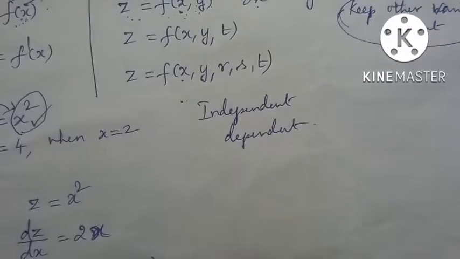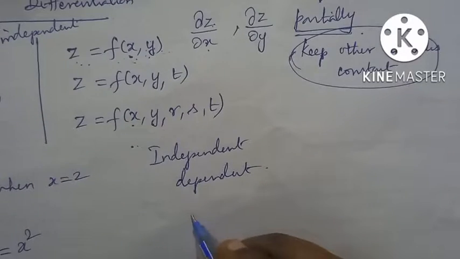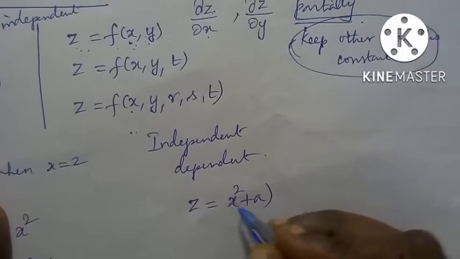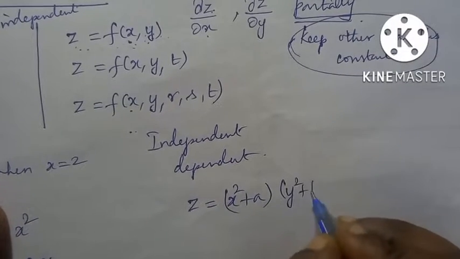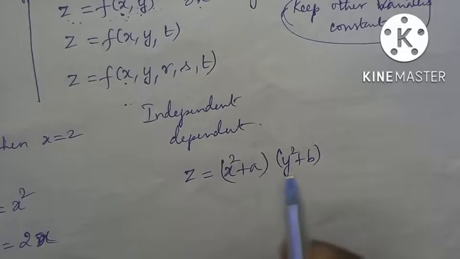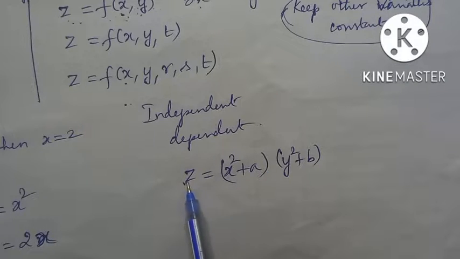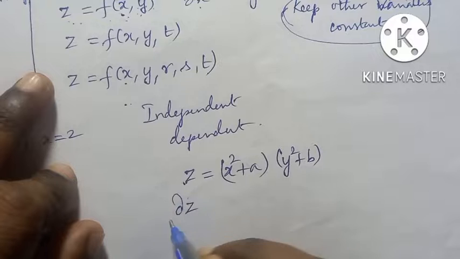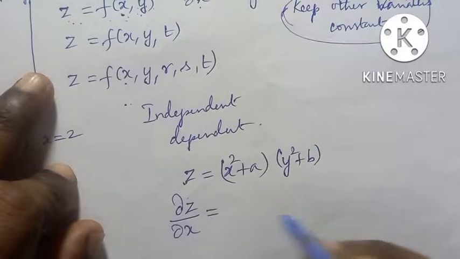Okay. Here you can see, let us take example z equal to x square plus a into y square plus b. Z is function of two independent variables, x and y. X and y are independent, z depends on them, so z is dependent. Okay, let us differentiate z with respect to x partially.